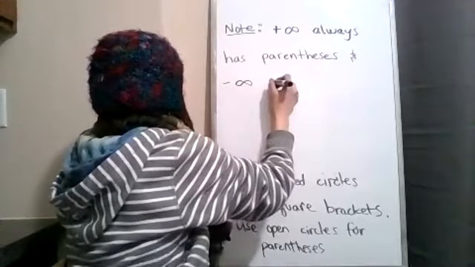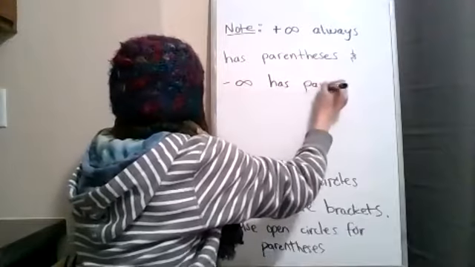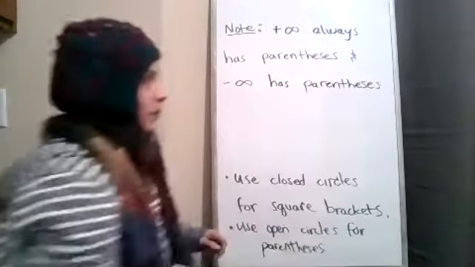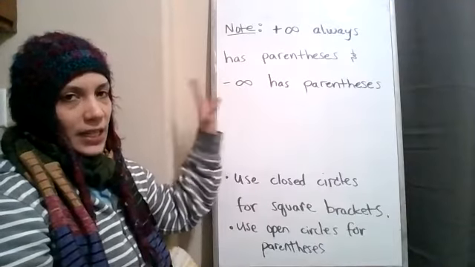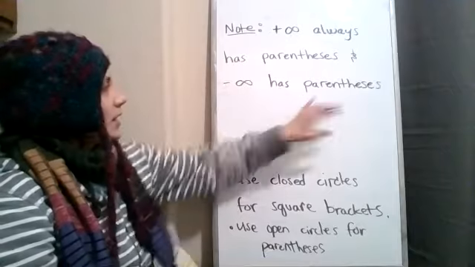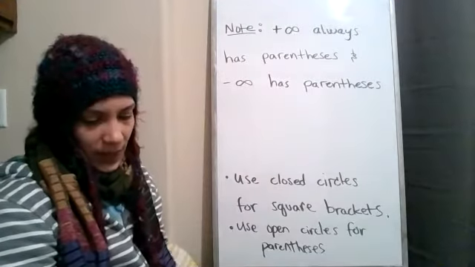So x will not equal negative infinity, so it's not included in the set as a number. It's not a number, so it'll have parentheses on it. Okay, any questions?